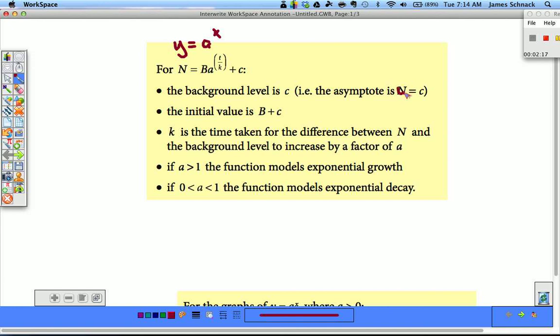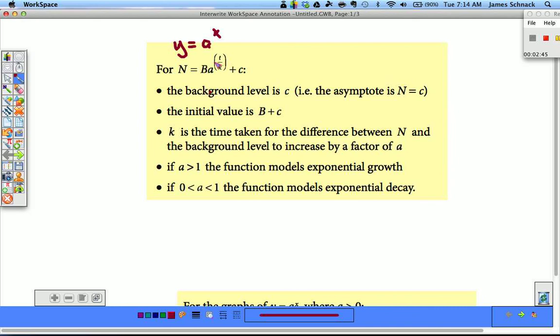We could also say that it's y equals c, but we're defining our dependent variable to be n instead of y. Our initial value is b plus c. So that's when time equals 0, how much are we starting with? b plus c. We're putting in 0 here. a to the 0 is 1. So that becomes b times 1 plus c.